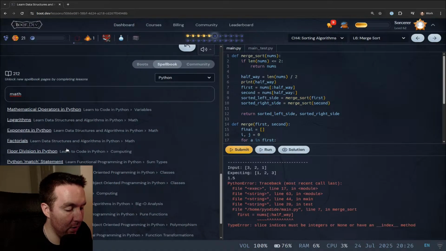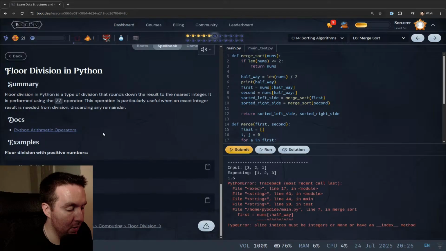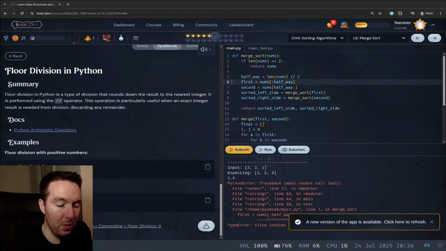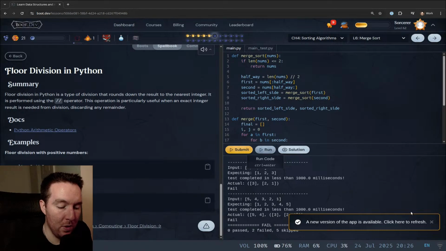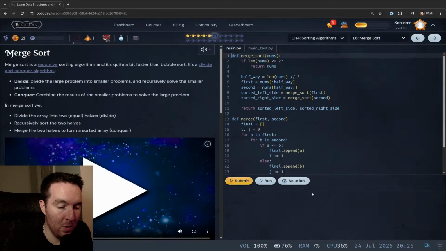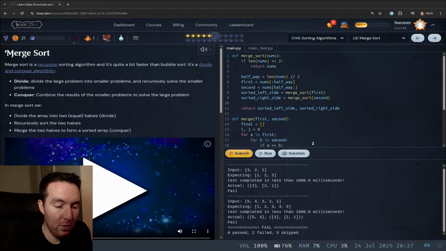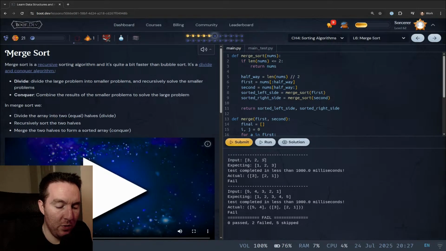Floor division, there we go. Ah, right, okay. I'll look at that in a minute. Oh, thank goodness, I kept my code. So it failed.